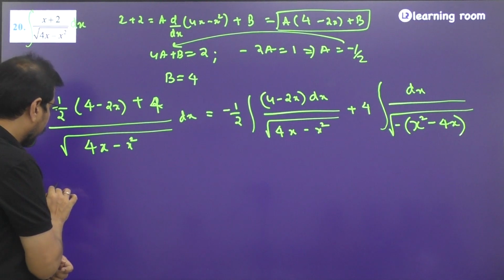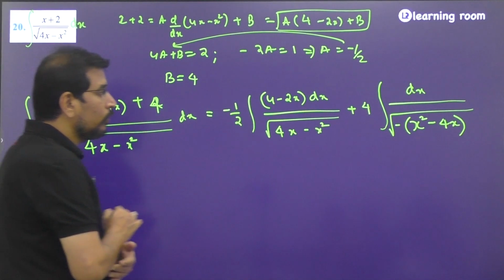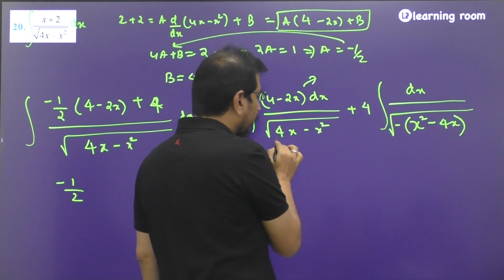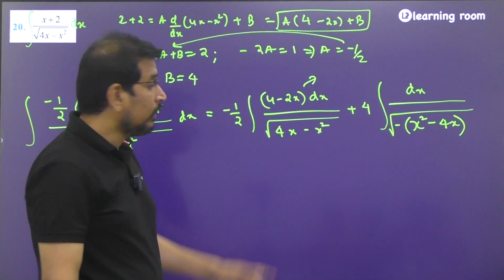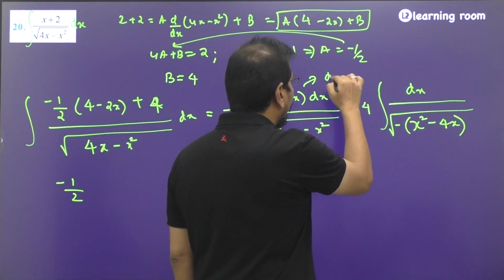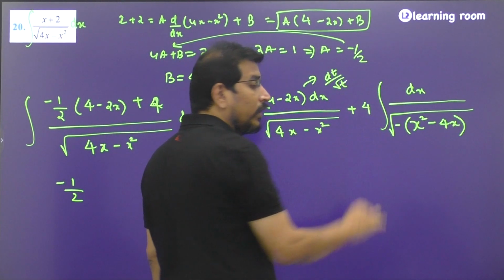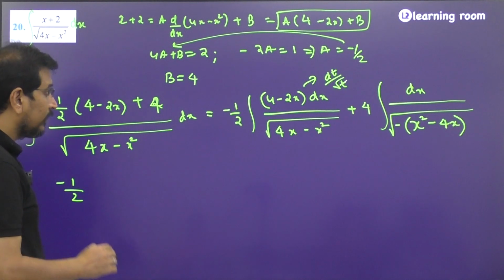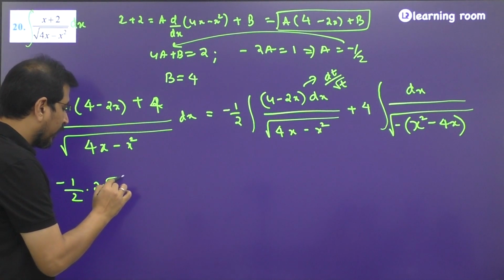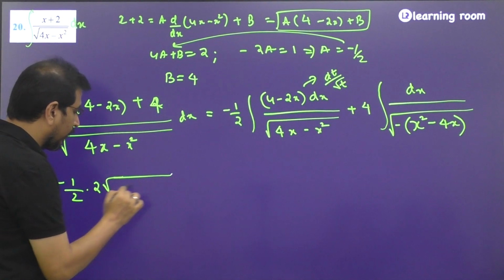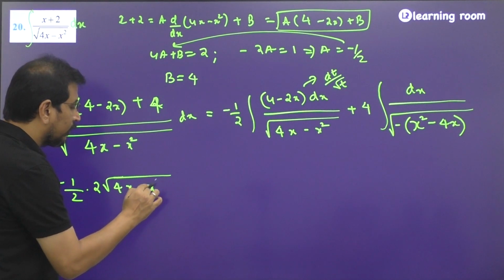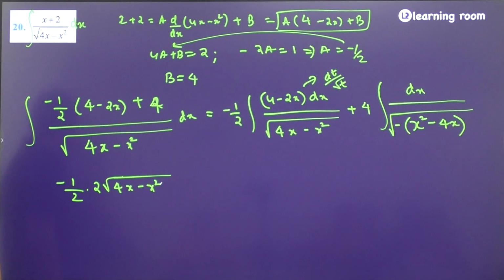Okay. So it is going to be minus half into, if I take 4x minus x square as t, then the numerator is going to be dt. So dt divided by root t format. So it is minus half into 2 times root t. But what is the value of t? It is 4x minus x square. Am I correct?